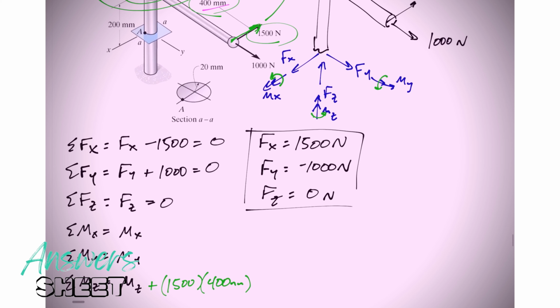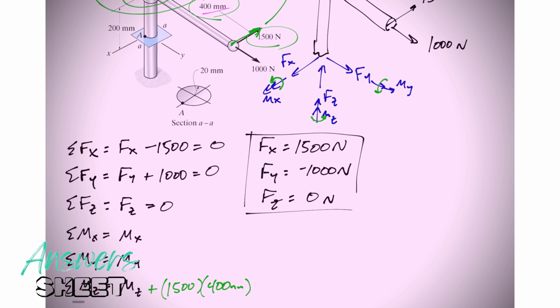Now if you really want to, maybe someone will do this, maybe I'll do this, I don't know. There's a formula for whether a negative x with a positive y moment arm would create a positive or negative z. And it really goes back to the cross product. Moment is r cross f, right?